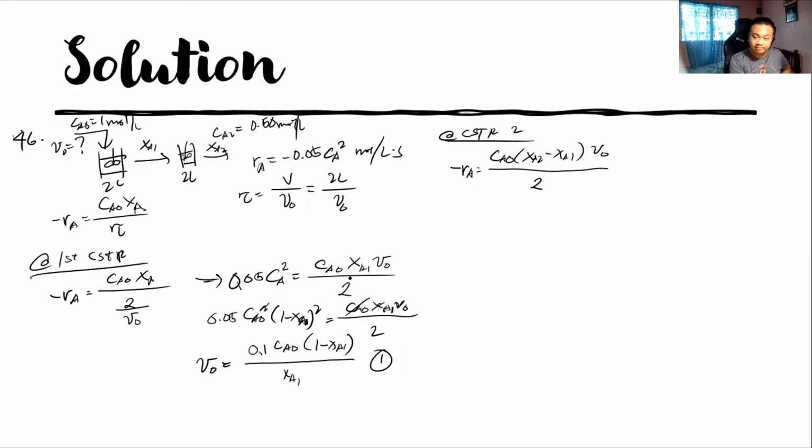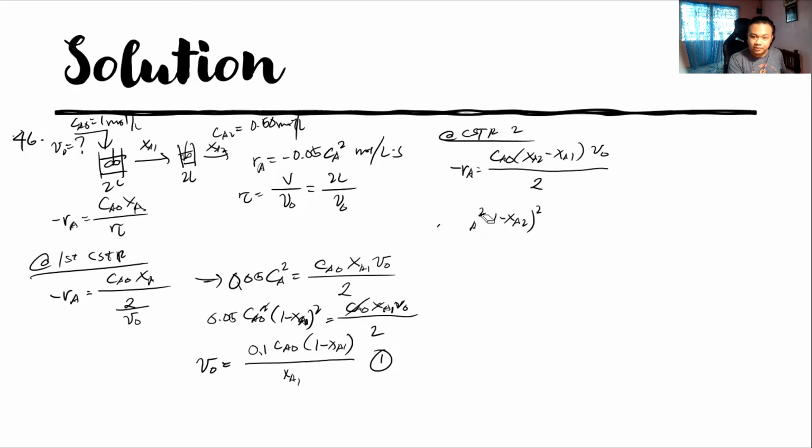Kung lang gidiretso, substitute dayon kiting RA diri, di ba? So 0.05, then let's substitute na directly. So XA2.